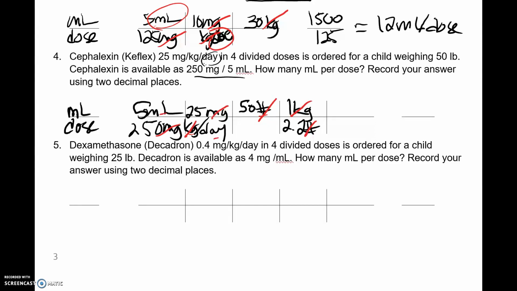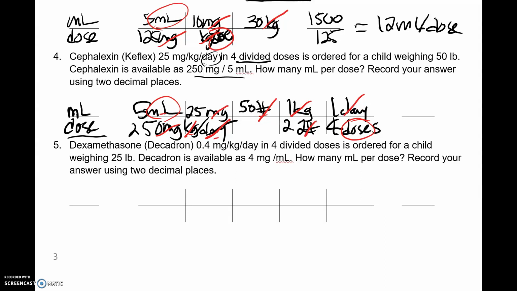That is not what we need. We need dose. So how do we get rid of this day? In one day, how many doses are there? There are 4 divided doses. So 4 doses gets rid of our days and leaves us with mLs per dose.